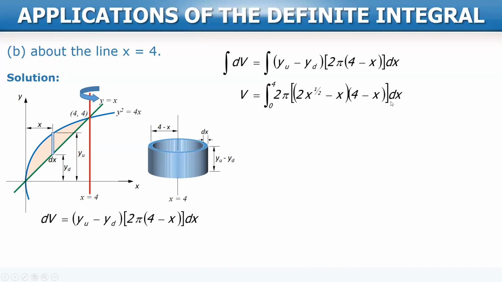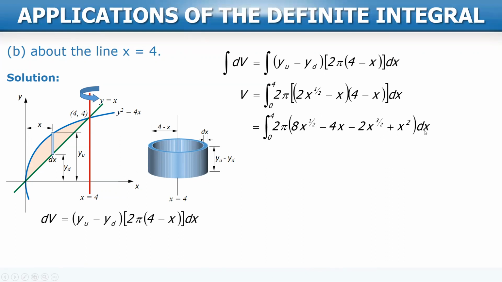And then you expand, you distribute. You have 2 times 2x raised to 1 half times 4, you have 8 x to the 1 half. 2 times negative x times 4, negative 4x. 2 times 2x raised to 1 half times x, the exponents are added, 1 half plus 1, you have 3 halves. Negative x times negative x, plus x squared.